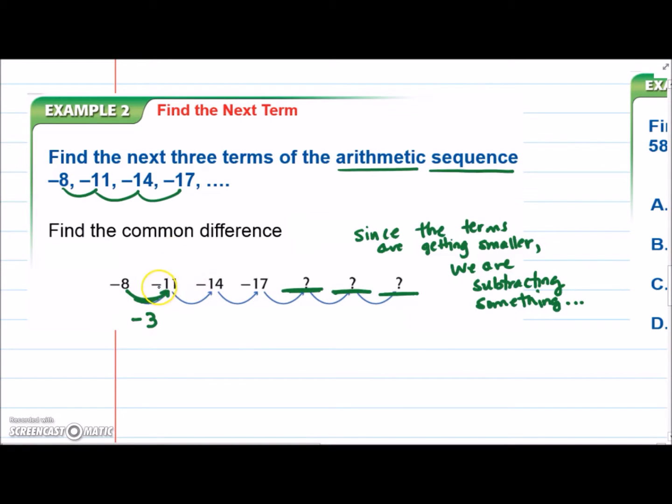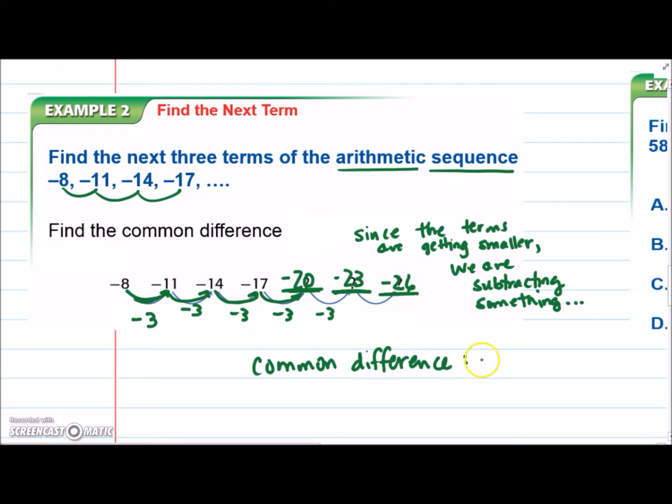Then we check ourselves. Is -11 minus 3 equal to -14? Yes. Negative 14 minus 3 is negative 17. Negative 17 minus 3 is negative 20. Negative 20 minus 3 is the last one. Once you know the common difference, you can generate as many terms as you want. And this time it was negative 3.